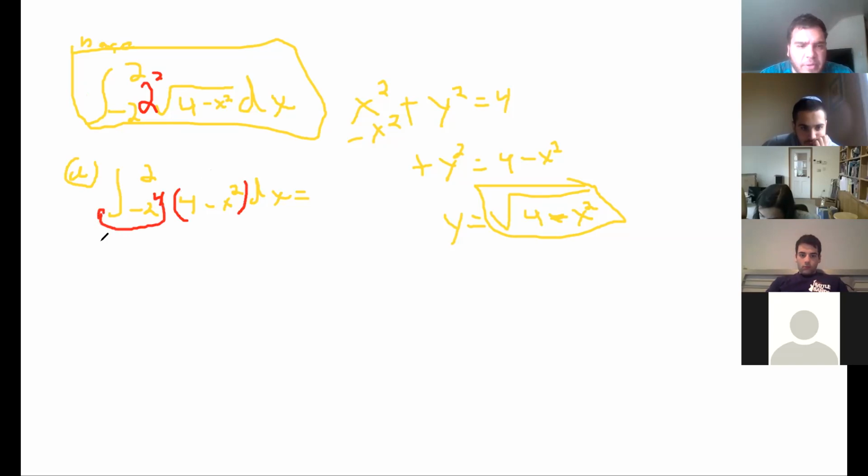That's where that 4 is coming from. The integral from -2 to 2 of 4 times 4 minus x squared dx. So finally, we got our final answer. Type that in your calculator. You should get 128/3.